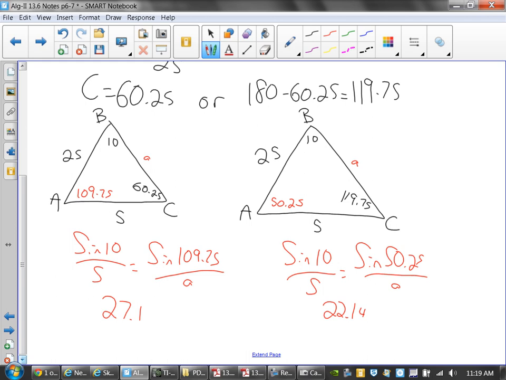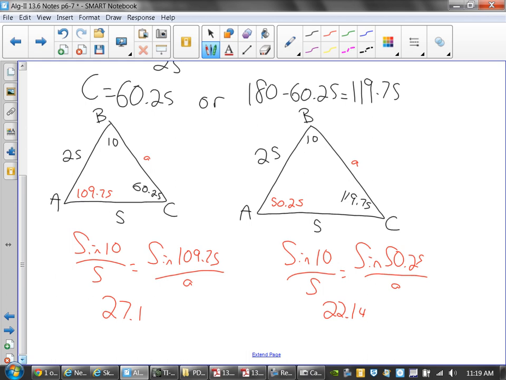Remember, if you're ever given an acute angle and the side opposite it, check the B sine of the angle to see if you wind up with two triangles. Remember there were like 6 different scenarios you had to worry about with the law of sines.